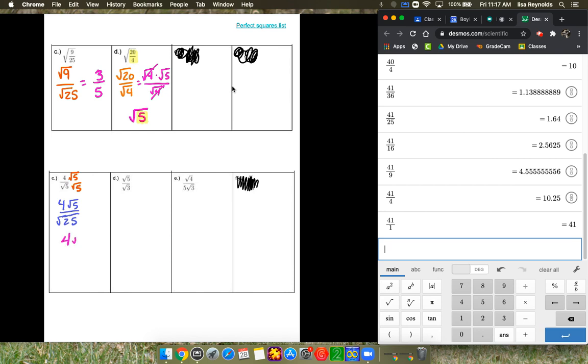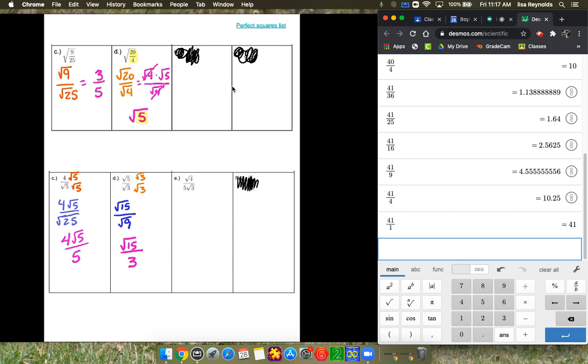So this is 4 square root of 5 over 5. So we rationalize, multiply both parts by the radical in the denominator. We multiply. So 5 times 3 is 15. 3 times 3 is 9. And then we simplify. Square root of 15 is simplified, and the square root of 9 is 3.